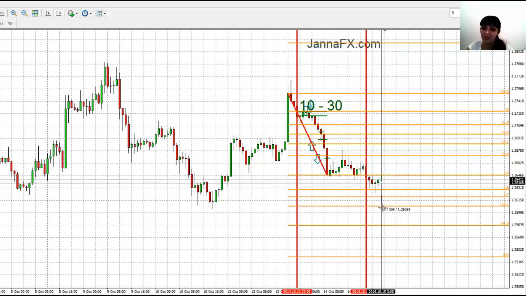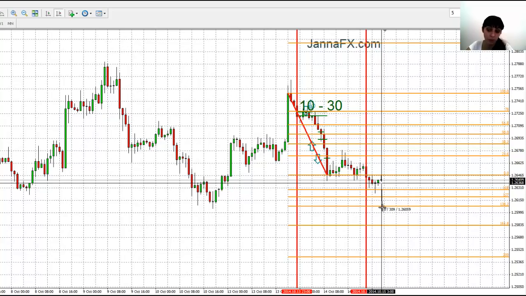So roughly around here, we can still make our 10 pips if it only reaches 138. We're going to see on the 15-minute chart how to draw the channel. To make our 10 pips, we really need about a 30 pips move from this bottom line.